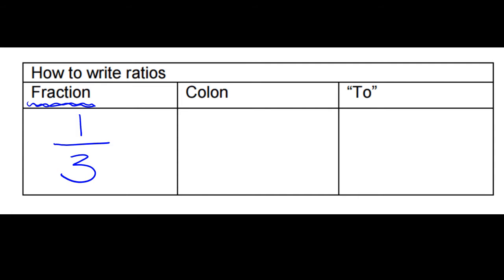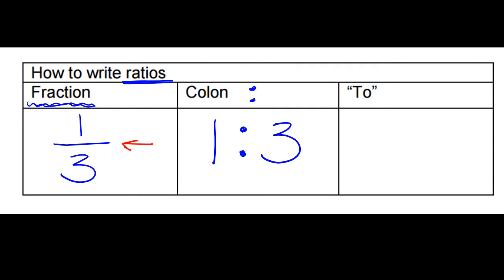Another way we can write this comparison, a ratio, is we're going to use a colon. The colon is two dots. And so if we just use the numbers 1 and 3, we can write that as 1 colon 3. And so once again, we can write a ratio as a fraction using our fraction bar.